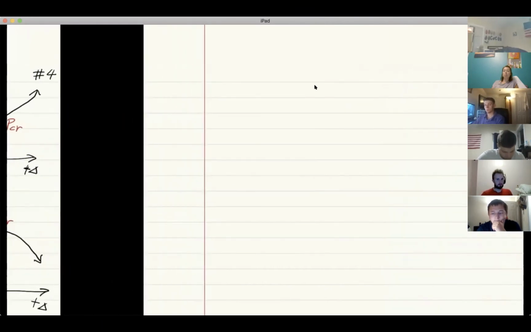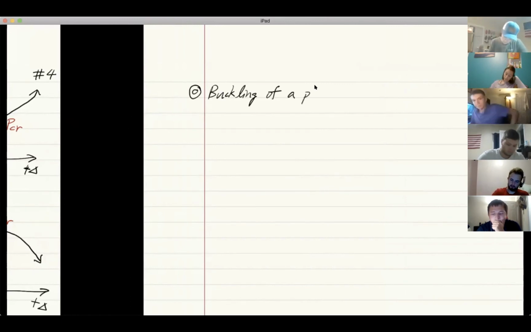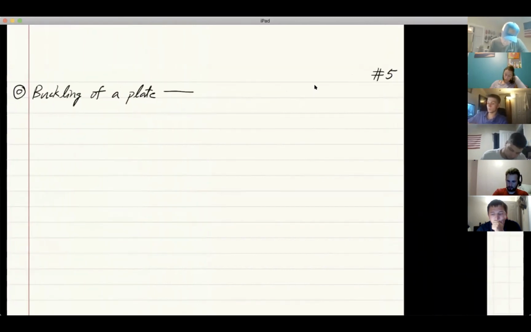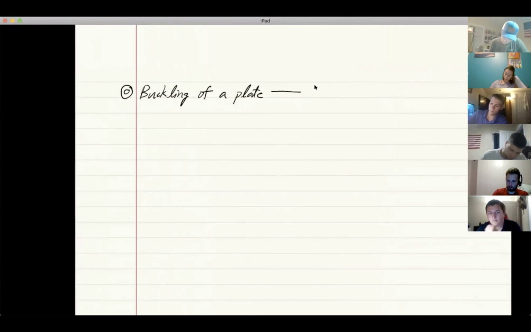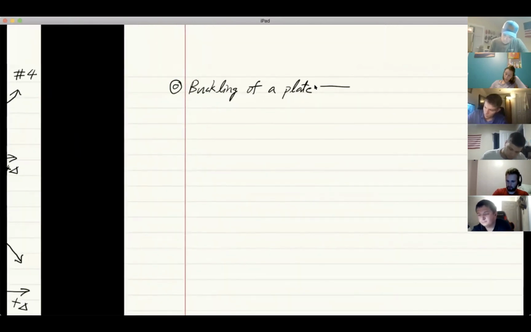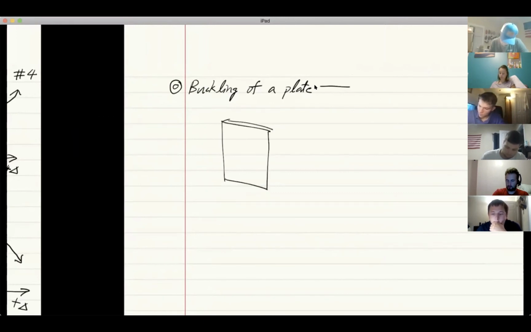But let's look at a few other examples more realistically, like buckling of a plate. Again, it's still conceptual because I just want to show you some schematics. Suppose I have a plate and the plate is loaded either vertically like this. And you have loading.